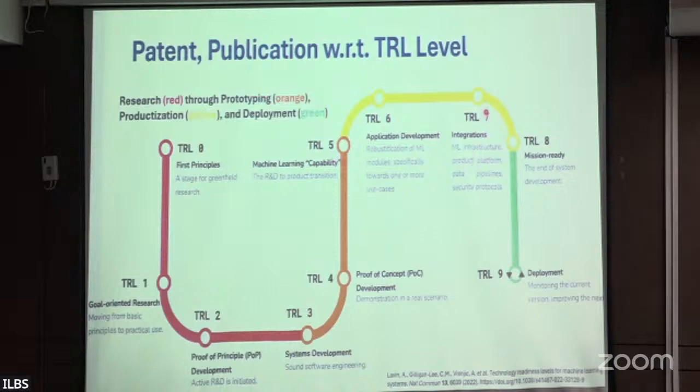And then 7 is integration, and 8 is mission ready, meaning all types of tests, generalizability, bias, everything is tested. And then 9 is deployment. So you can think about it in 4 steps. The red one is step 1, the basic development part.